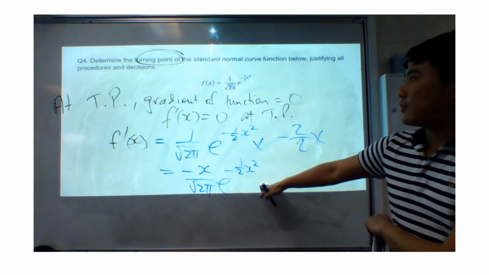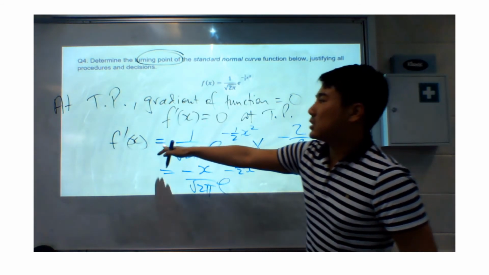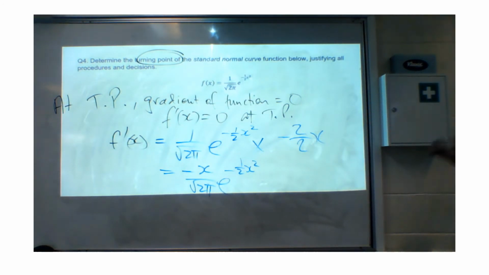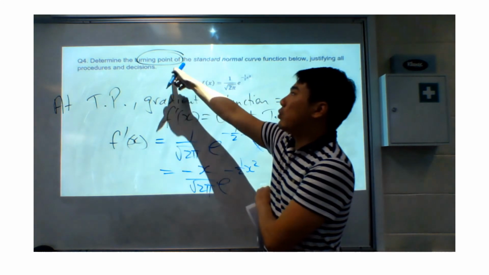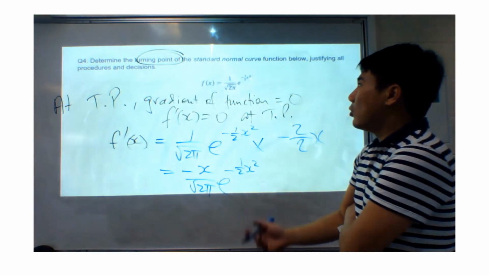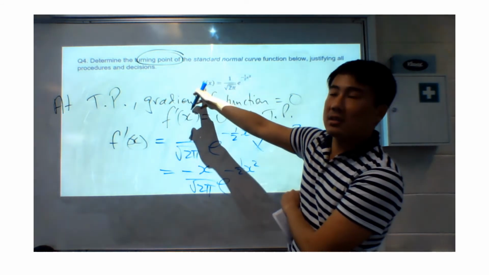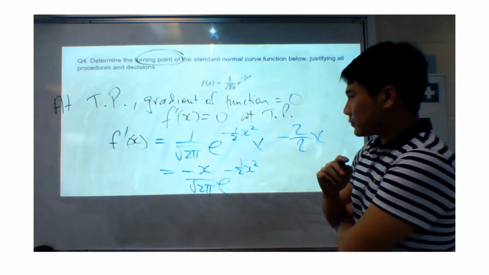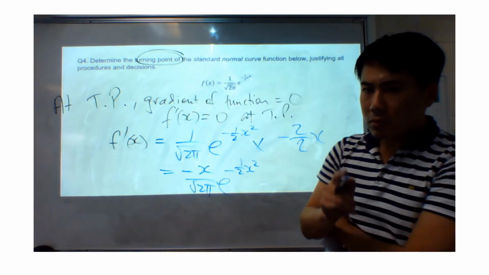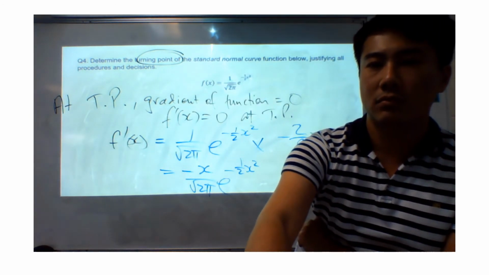So now you have found f dash, but have you answered the question yet? Well, no, I haven't. The question is asking me, where is the turning point? So I need to know what x is and what y is at the turning point. I know the derivative now. Have a think about how you're going to do it.